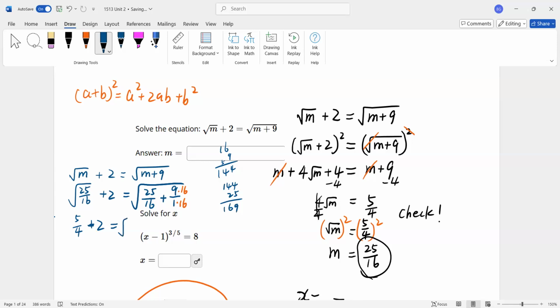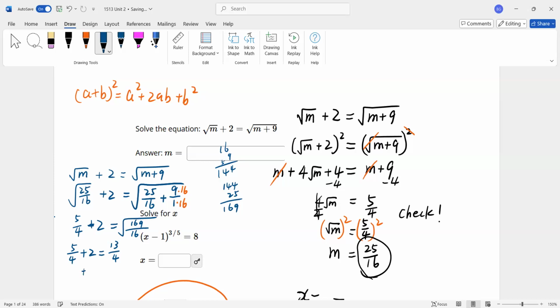So under the radical, after we add the 2 fractions, we have 169 over 16. And we know 169 is a perfect square. Square root of 169 is 13. So I have 13 over 4 because 16 is 4 squared.